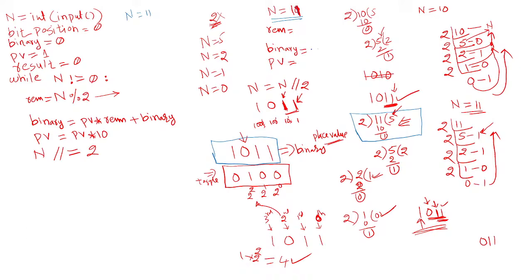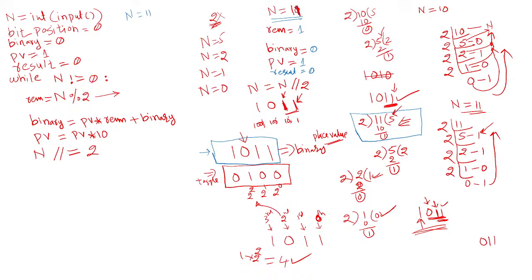Initially binary value is 0, place value is initially 1, and result is equal to 0 here. Now see here, the remainder of this first division you got is 1.